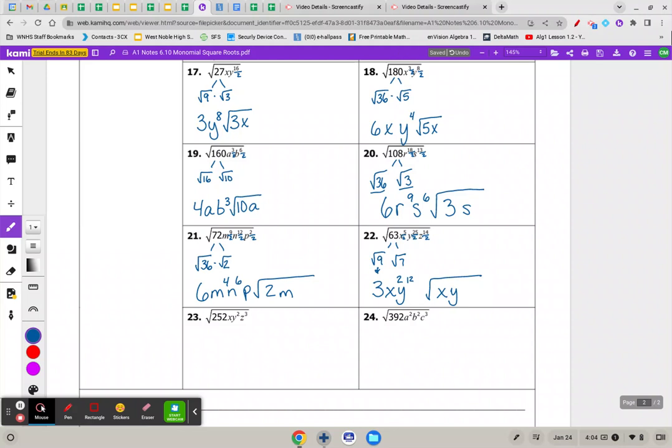And z to the 14th would have z 7. No z's left over because it's even. But then there is this radical 7 that I can't forget about there.